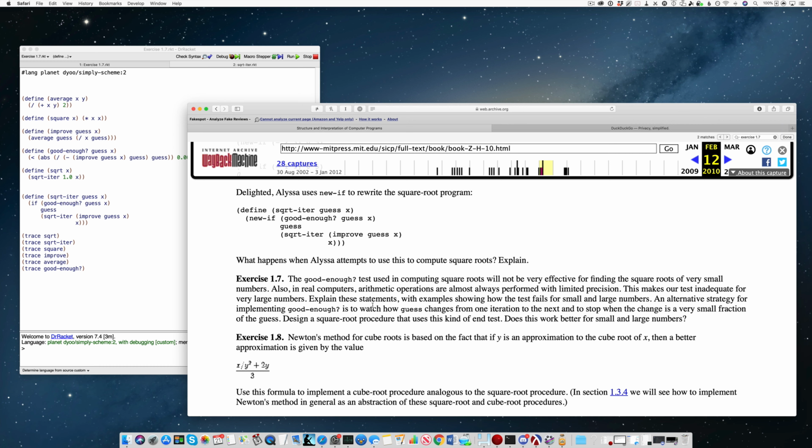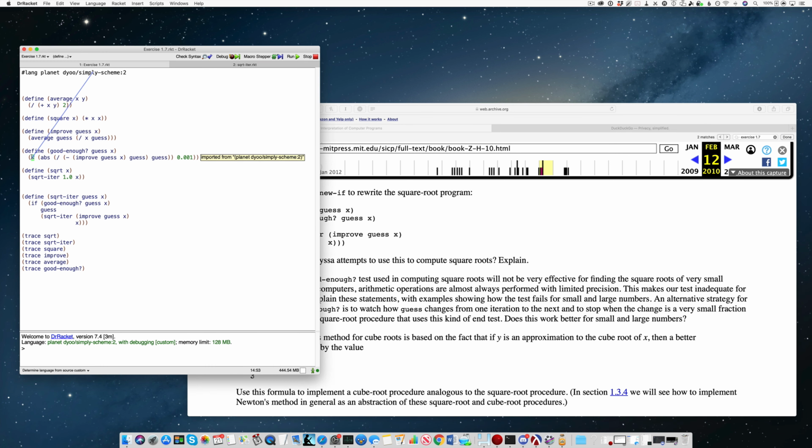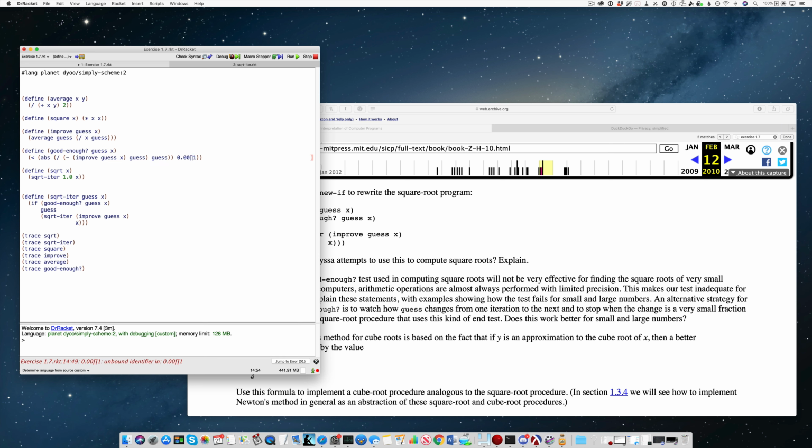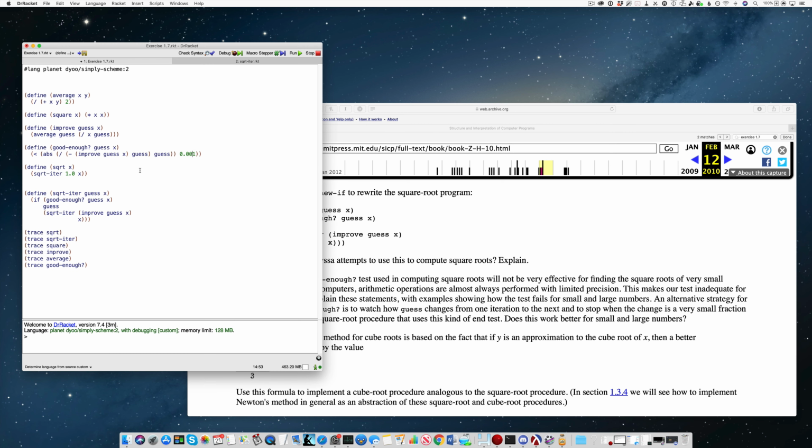The text says to watch how guess changes from one iteration to the next and stop when the change is a very small fraction of the guess. So this would basically terminate when the improved guess is a tiny change from the guess. Say the first guess was 1,000, I'll make the numbers really easy on myself.